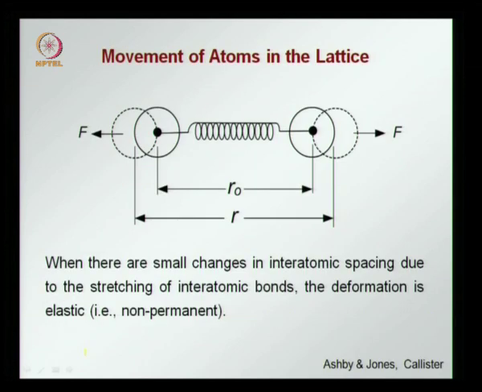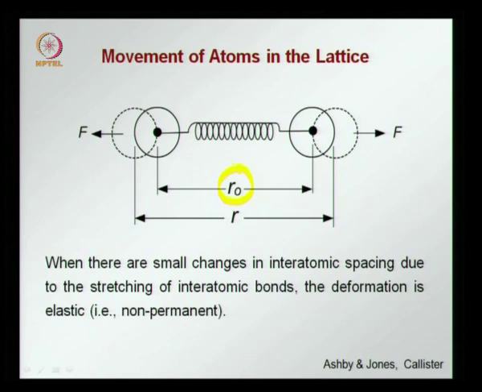Now when we have small movements within the lattice, we have the bonds being separated from the stable or minimum energy distance R0. As you remember from the Condon-Morse diagram, R0 is where you have the minimum lattice energy within the lattice structure, and that also gives the highest binding energy or the attractive forces between the atoms.